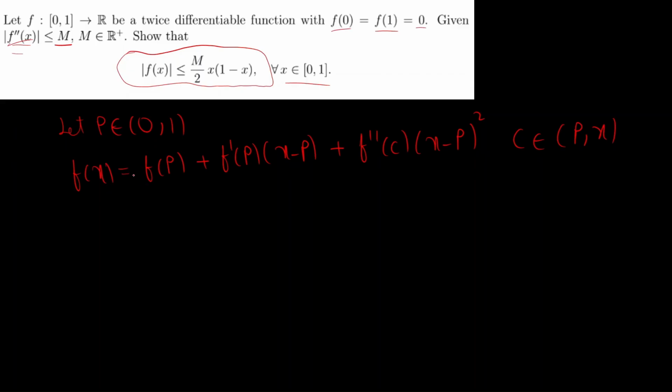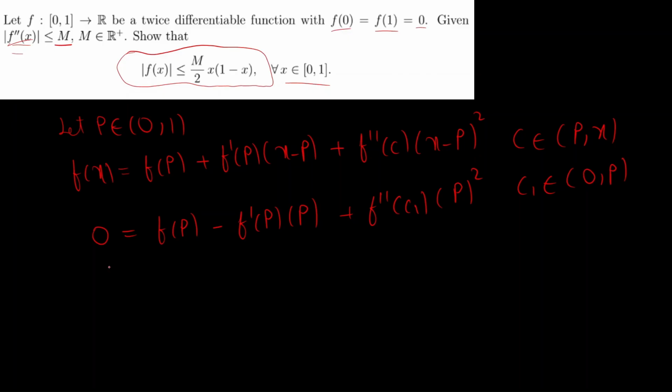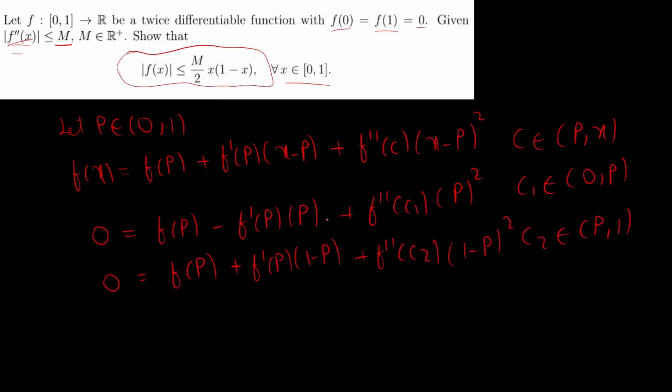Now when I put x equal to 0, now similarly when I put x equal to 1, I get 0 equal to. Now from these two equations I'll eliminate f dash of p so that I can then take an absolute value and then put this inequality and then get an inequality for absolute value of f of p.